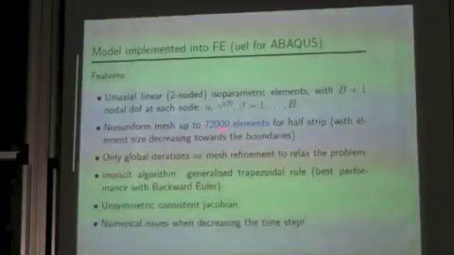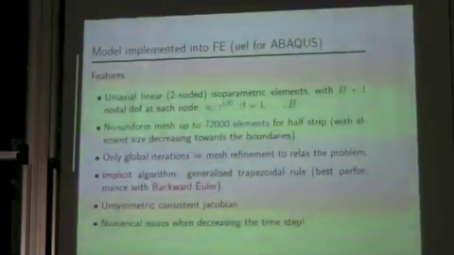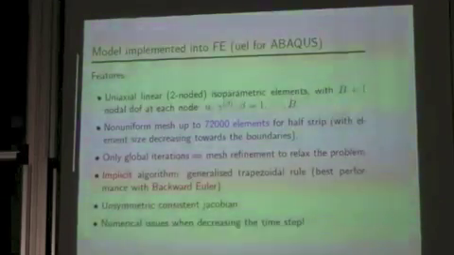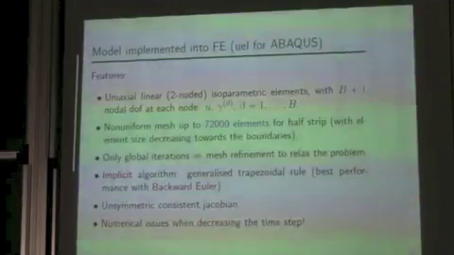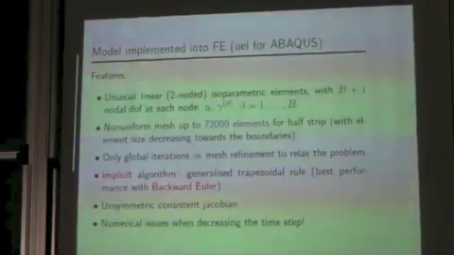Just for the half strip I had to put 72,000 elements, decreasing in size from the middle to the boundary. The ratio between the smallest and the largest element is about 1/10,000, so it's quite crazy, because all the nonlinearity goes to the global iteration scheme.